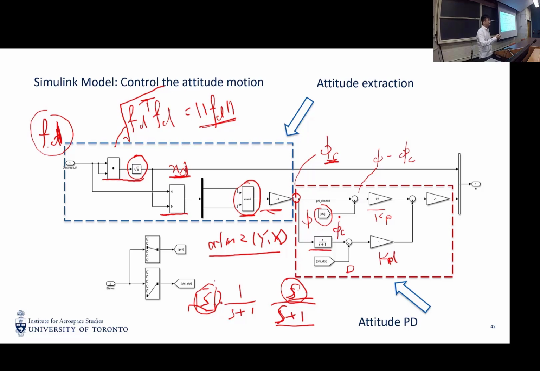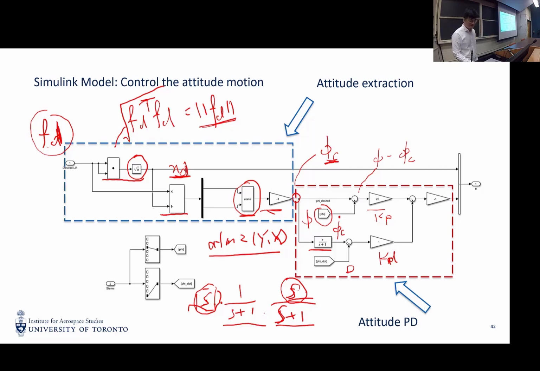After that, we pass the derivative measurement through a low-pass filter. So it's called a high-pass filter, or washout filter in many different terminologies. Any questions about the design?